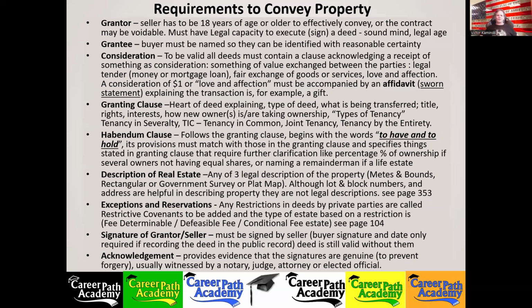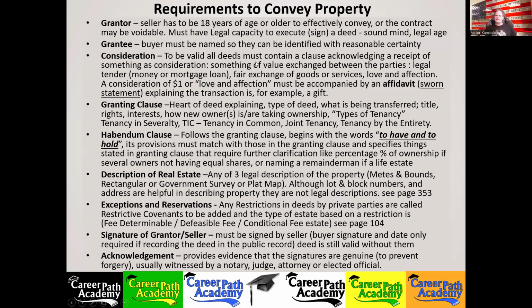All right, so you have to be of legal age otherwise to sign a deed. Sound mind, legal age. The grantee, the buyer, has to be named so that they can be identified. You have to have consideration.